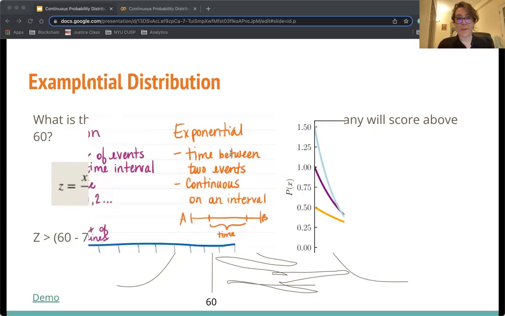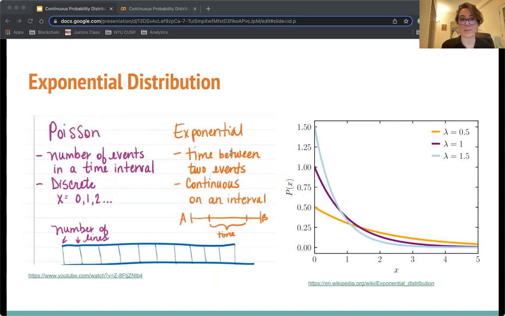So actually similar to what we talked about in the last class, when we had that discrete distribution of the Poisson, we can compare that to an analogous one that's continuous, which is the exponential. So we'll talk about this exponential distribution, which is closely related to the Poisson.